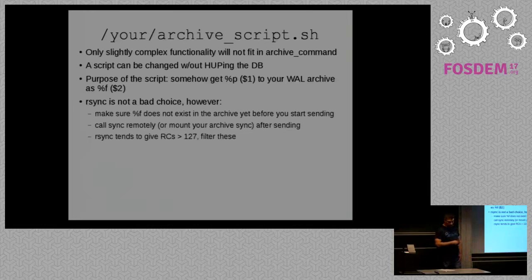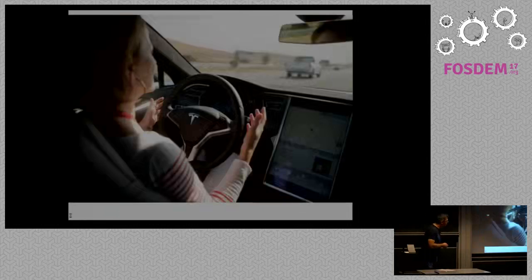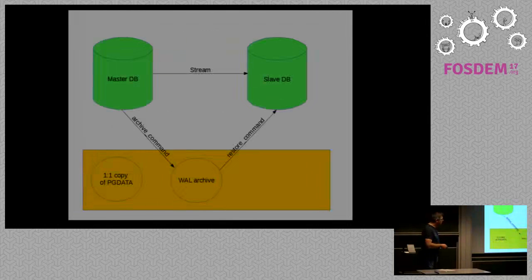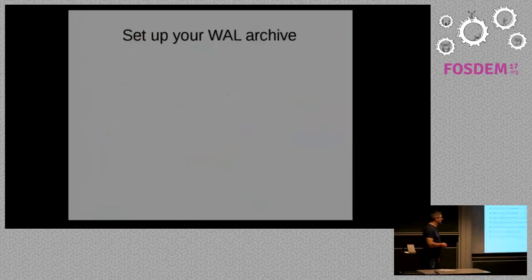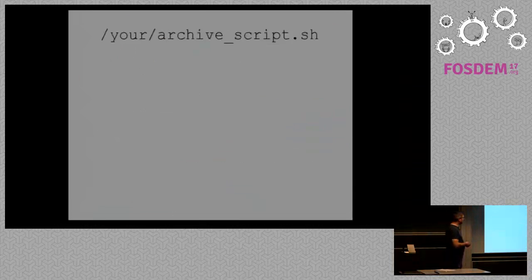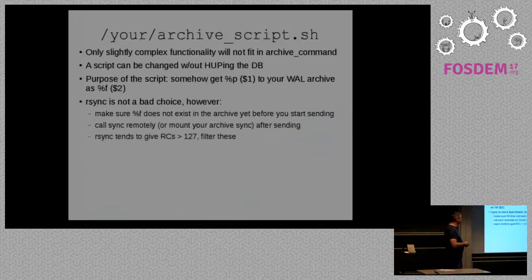Or maybe you want to have that part on a file system on a remote server that is mounted sync. And what I actually ran into, which led to this talk, is rsync tends to give you return codes of 255 or so when it cannot resolve a name.